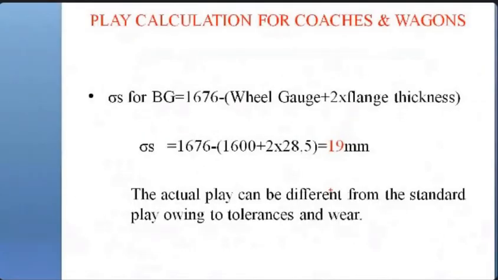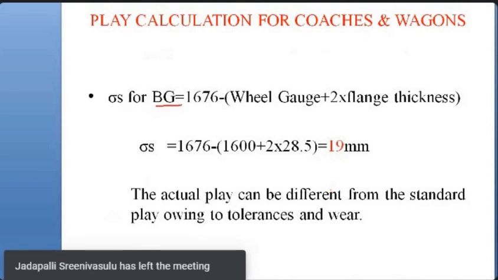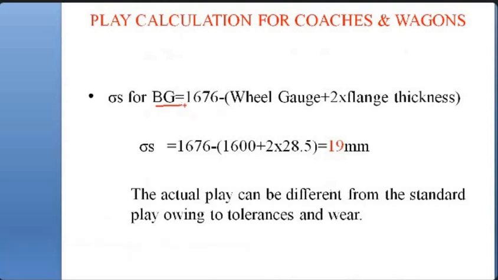If you substitute these values in this formula, are you able to see how the play calculation is done for coaches and wagons for broad gauge? I am not talking about meter gauge and narrow gauge, forget about it. 1676 is the track gauge, minus wheel gauge, that is 1600, plus flange thickness right side and flange thickness left side, 2 flanges will be there.